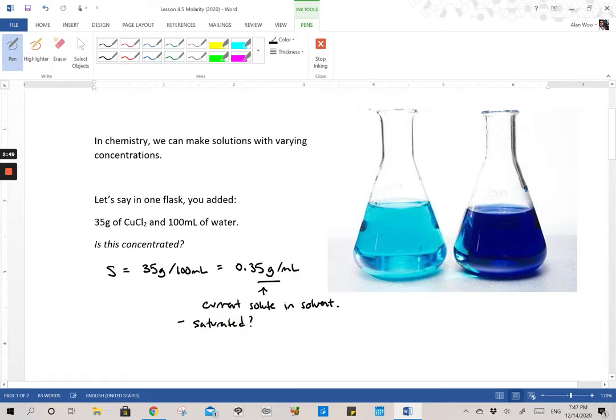Is this currently unsaturated? That's the problem. If I add more solute to this 100 milliliters of water, will more dissolve? If it doesn't, then we've reached saturation. But is something that's saturated very strong? We have a lot of questions here because solubility alone cannot tell us how strong a solution is.